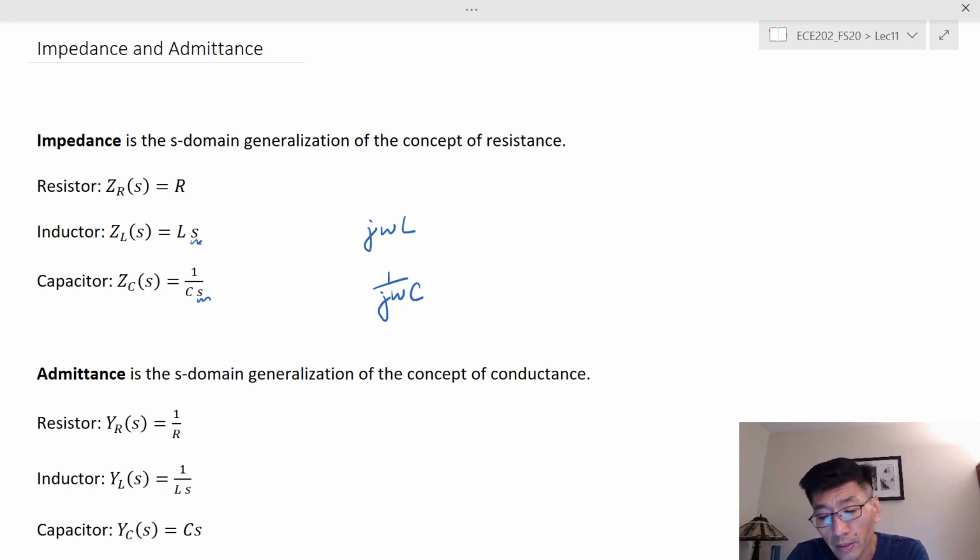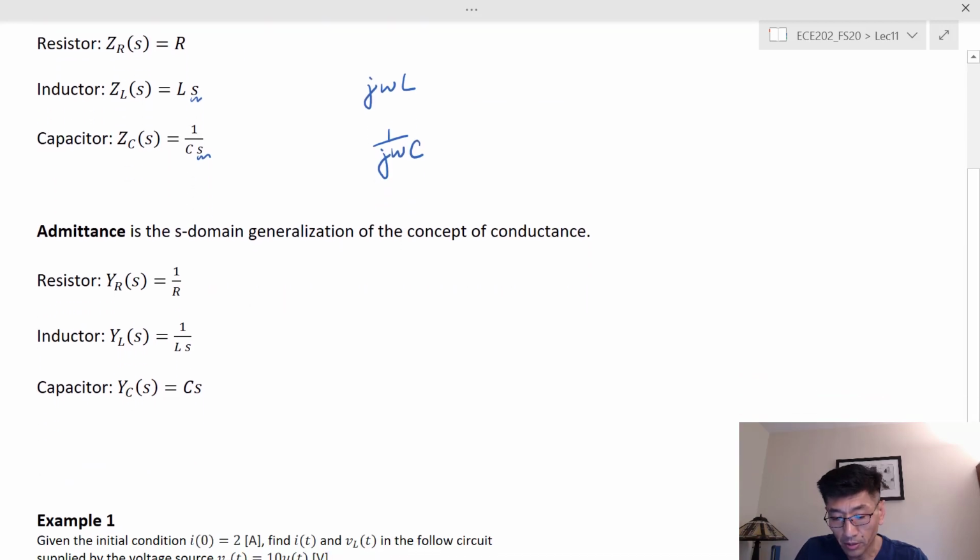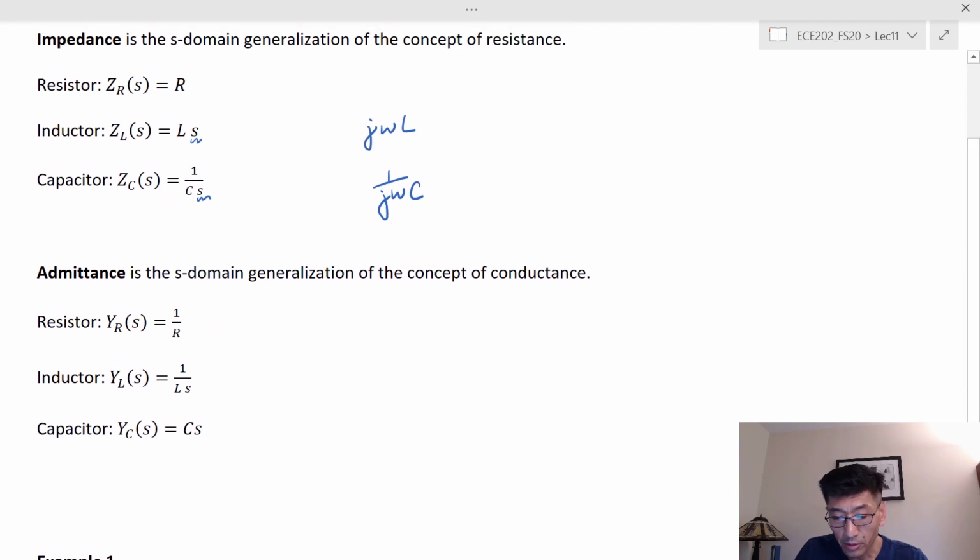Therefore, the S domain is even more generalized than the impedance concept in phasors, because the limitations of phasors, sinusoidal and steady state, have been removed, and we can use this to solve more general circuits, or at least with more general input conditions.